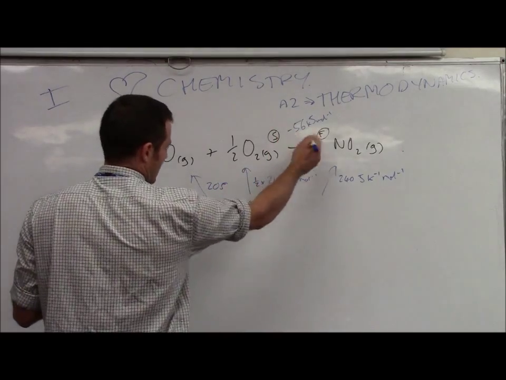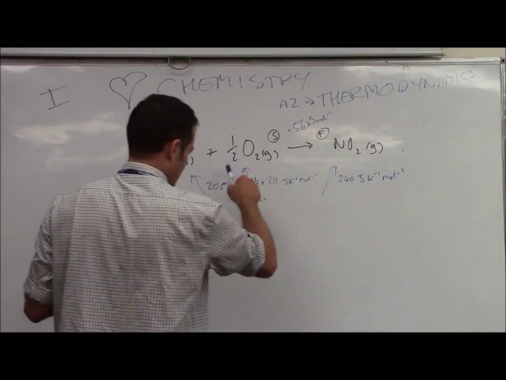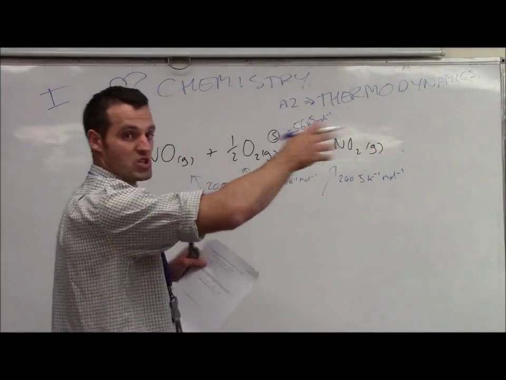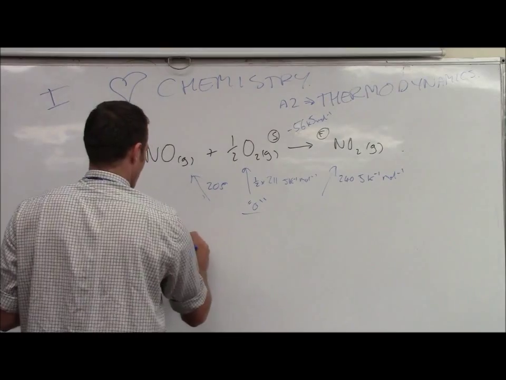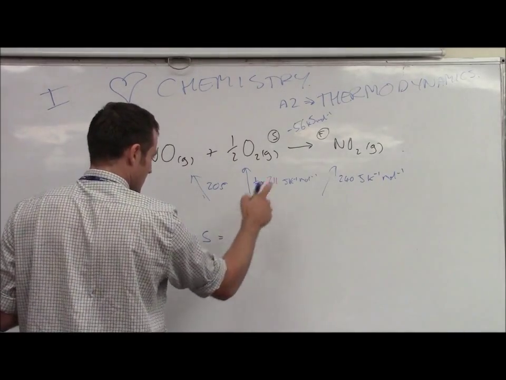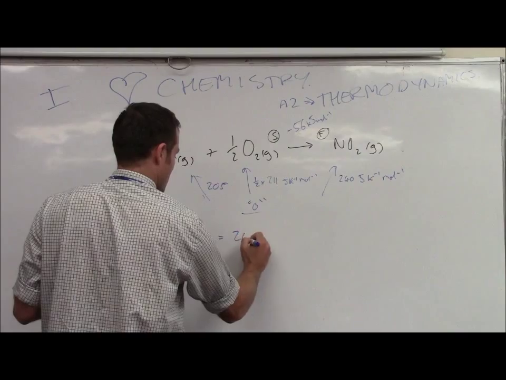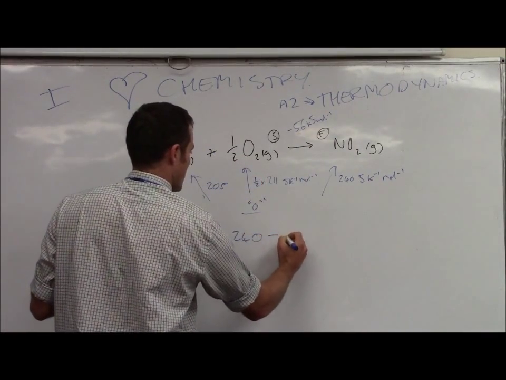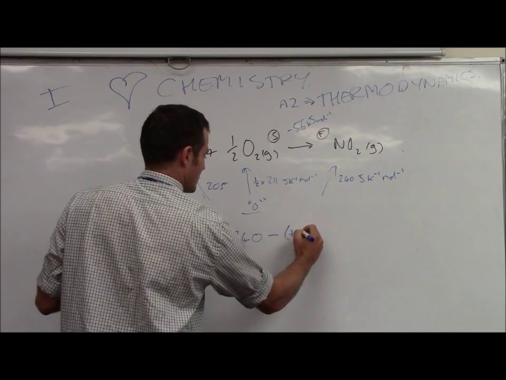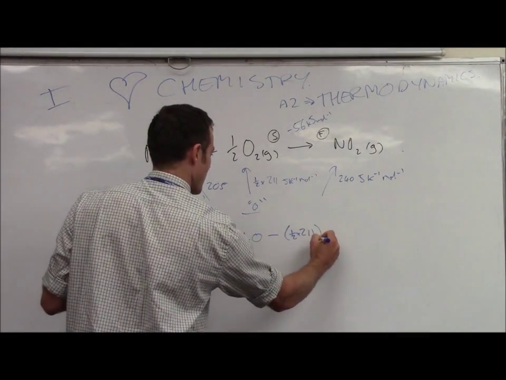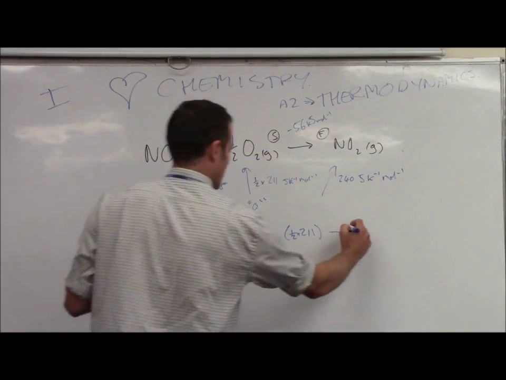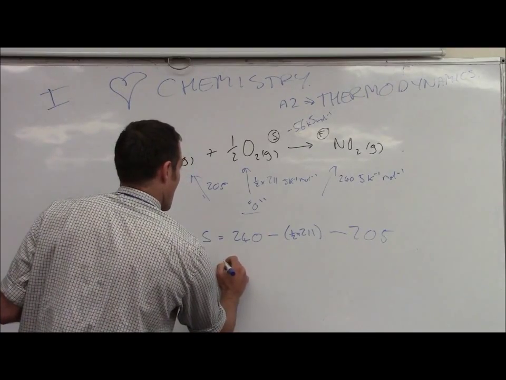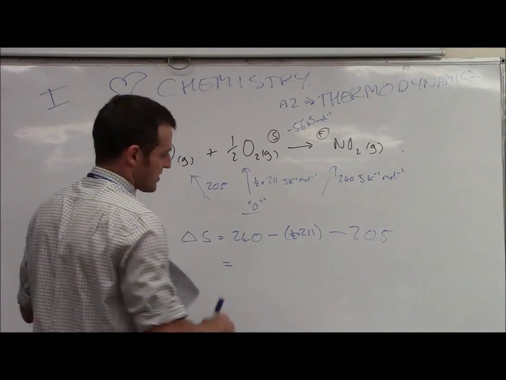So the delta S here is going to be going from here to here, so you can think of it going that way as well. So it's going to be what you end up with minus what you started with. So delta S is the entropy of the product, take away the reactant. So 240, but we didn't start off at 0, we started off at level already. So take away a half times 211. And you're also taking away 205, which will give you a negative answer of whatever.